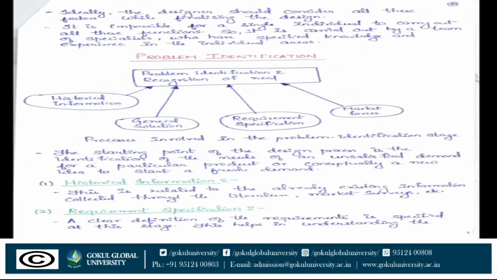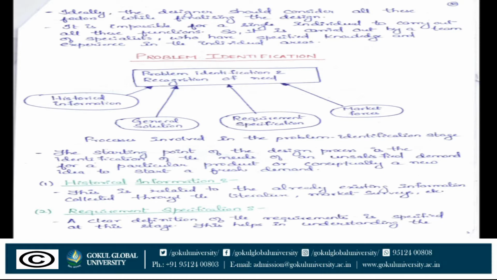A problem may be identified with the help of different processes. The first is historical identification, the second is generic solution, the third is required specification, and the fourth is market forces. Historical identification means whether your product already exists in the market or is available or not.